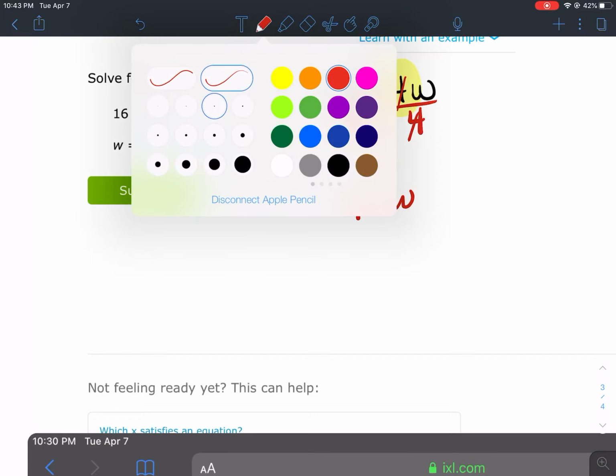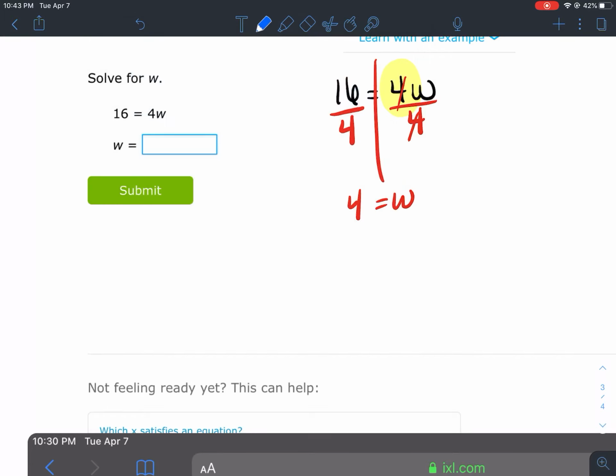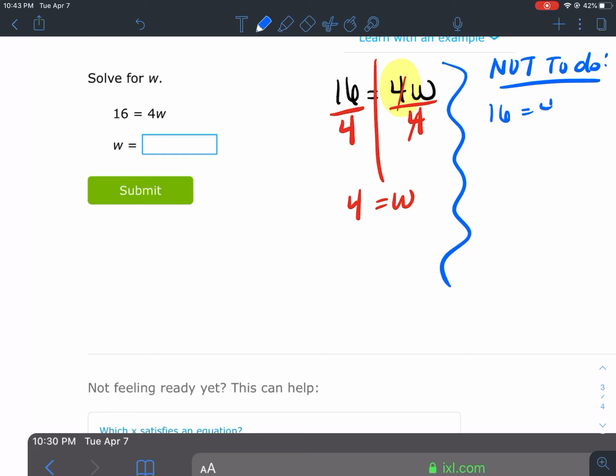Now I'm going to give a little bit of an example. So this over here is what not to do. Let's say I'm given 16 equals 4W, and I'm always used to dividing the number on the left. So I'm going to do 16 divided by 16.